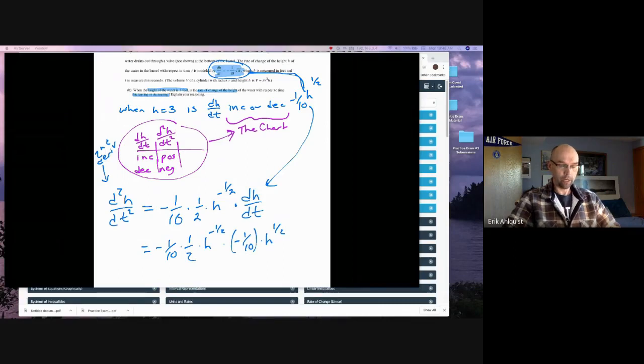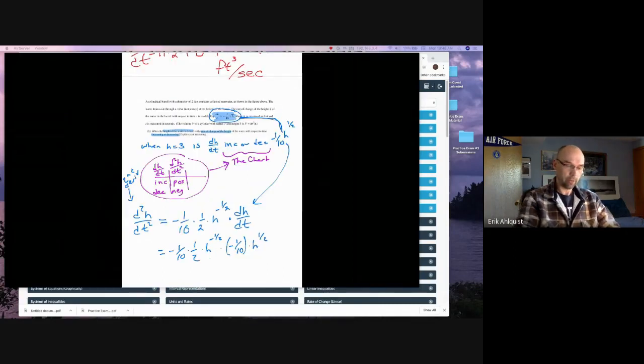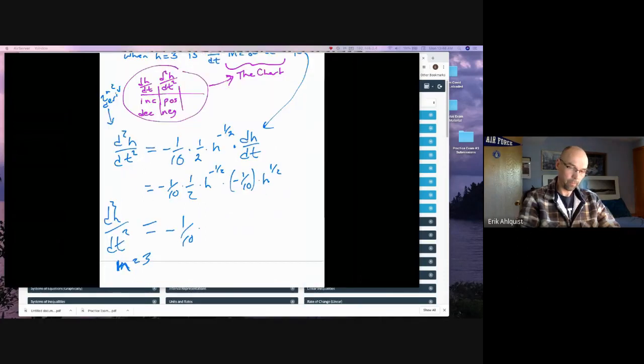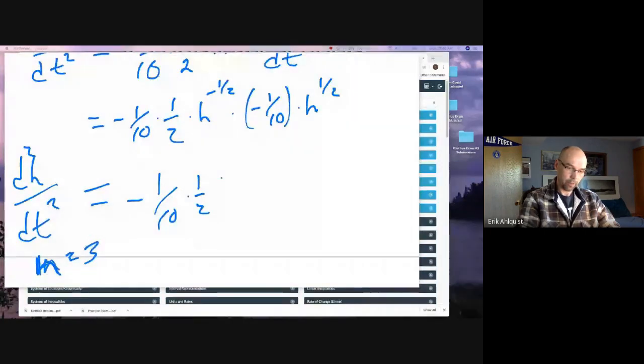When we go into this equation and we start plugging in 3, we're looking at d squared h over dt squared when h is equal to 3. That is negative 1/10 times 1/2 times 3 to the negative 1/2 times negative 1/10 times 3 to the 1/2.